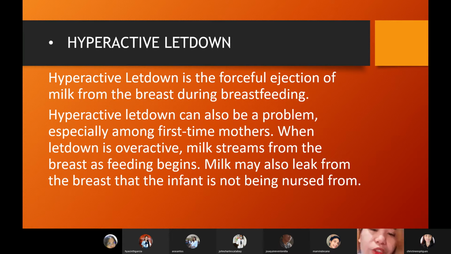Na-observe nyo na rin ba yon? Yung mga damit nila basta gano'n kasi nag-leak. No? Or may kakilala na nakita na rin po ba kayo ng mga gano'n? So, this is the hyperactive letdown din, no?